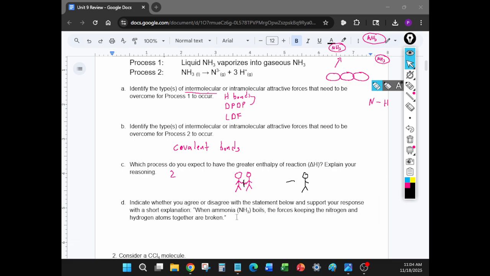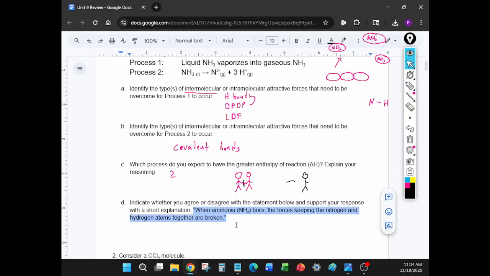All right. So D. The question is asking, do you agree with this statement right here? The statement is, when ammonia boils, the forces keeping the nitrogen and hydrogen atoms together are broken. What do you think? Agree or disagree? It is disagree, because when you are boiling, what are you doing?